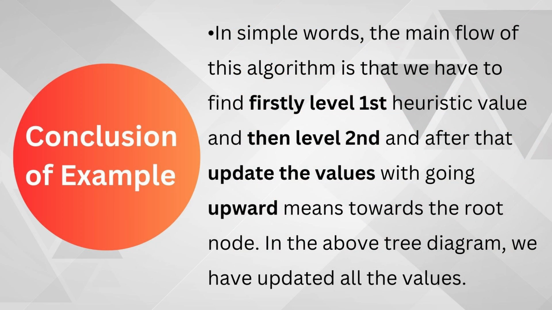In simple words, the main flow of this algorithm is that we first label the first heuristic value and then label 2, and after that update the values going upward, toward the root node in the above tree diagram. We have updated all the values.